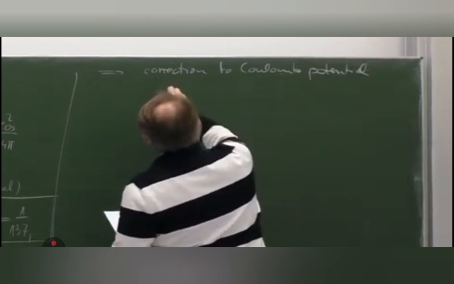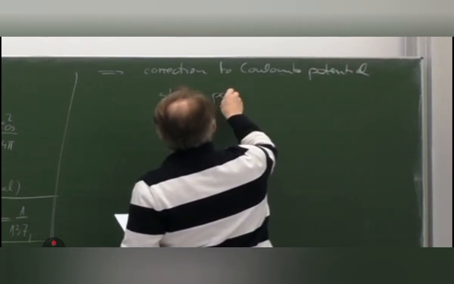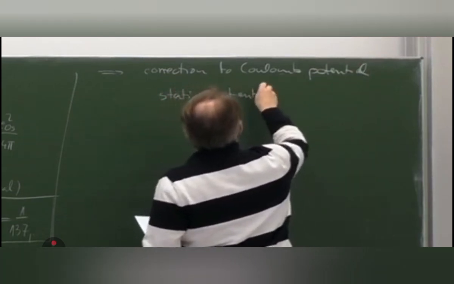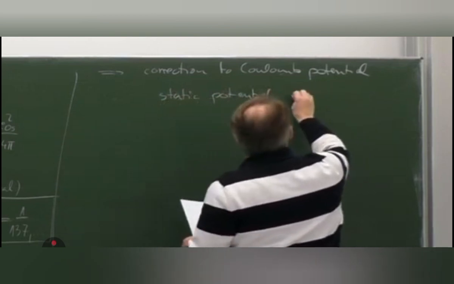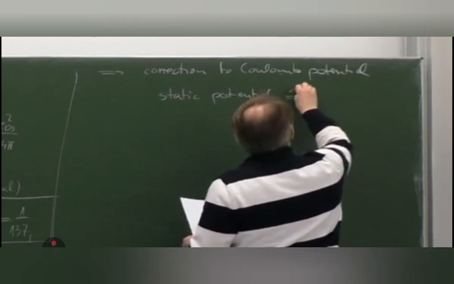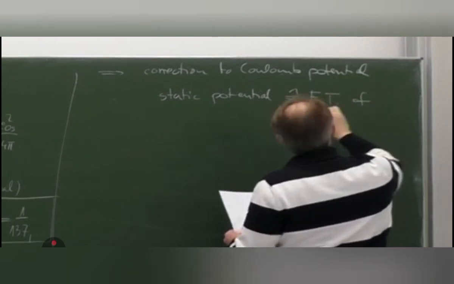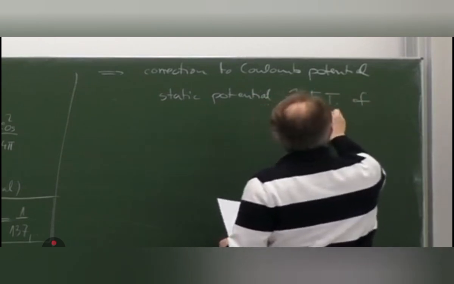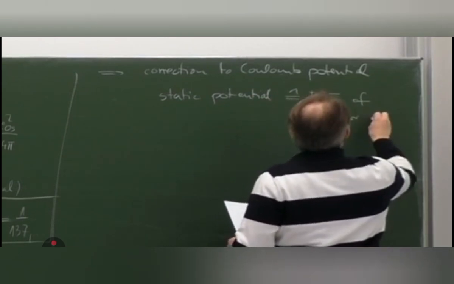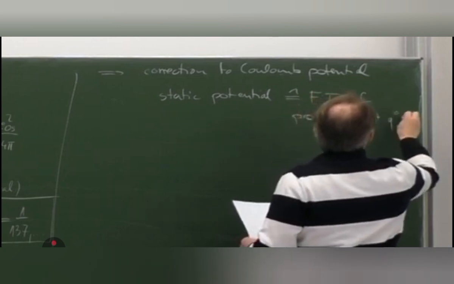Such a static potential that you know from school or first semester physics corresponds to the Fourier transformation of the propagator at Q0 equals 0.